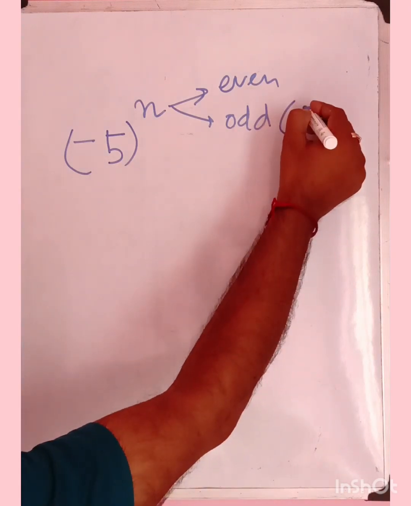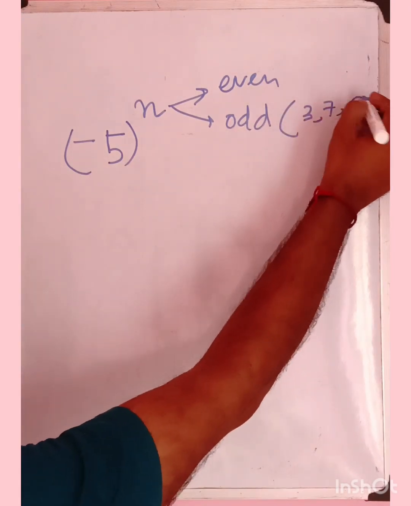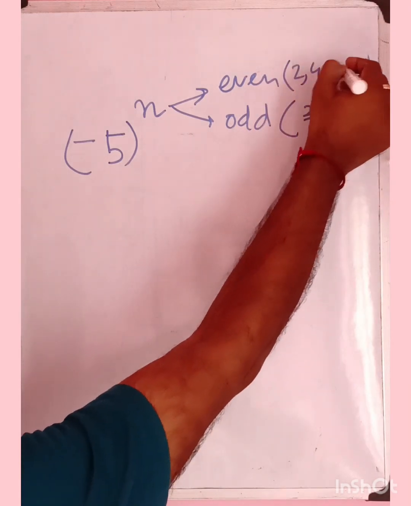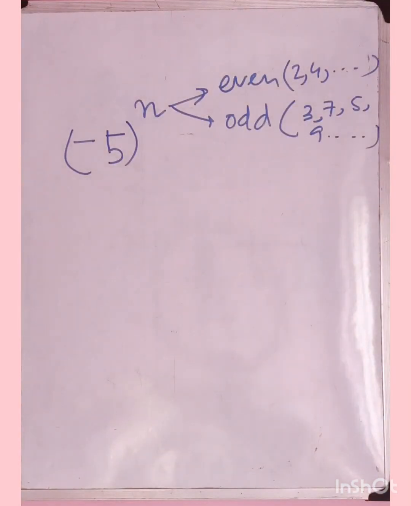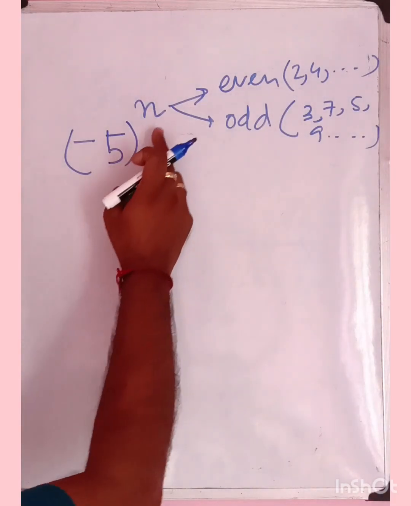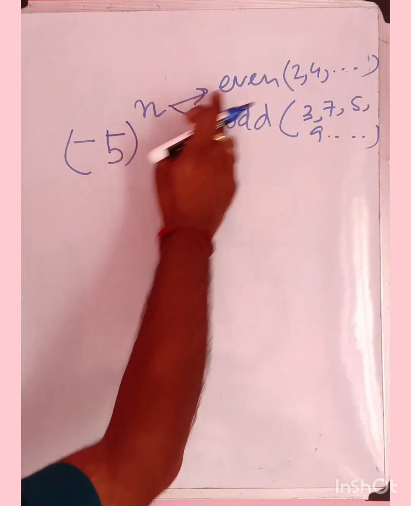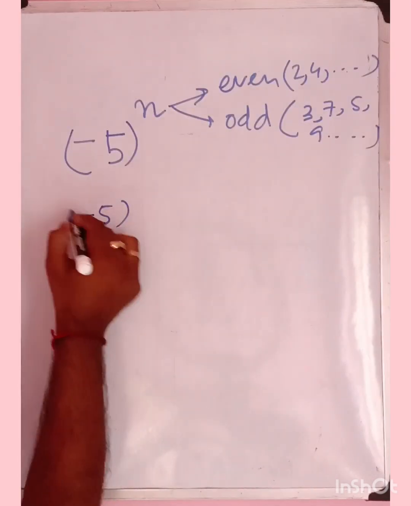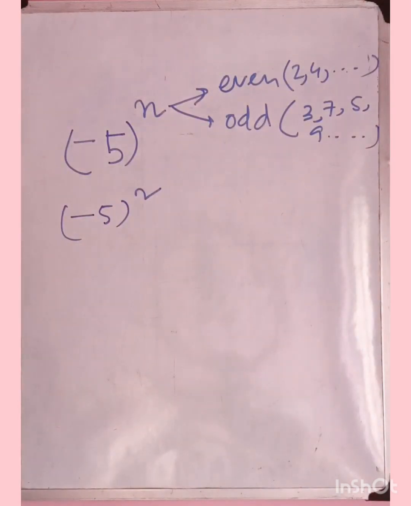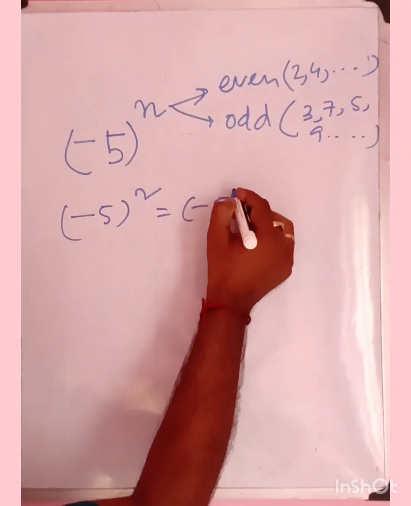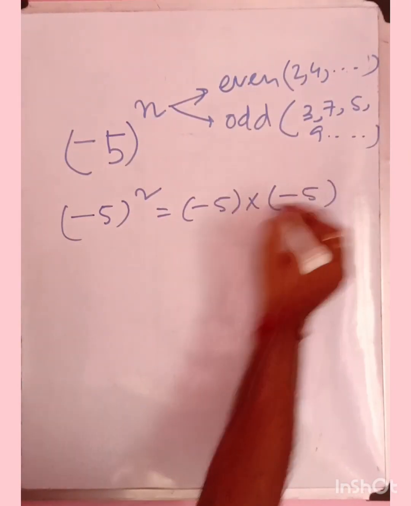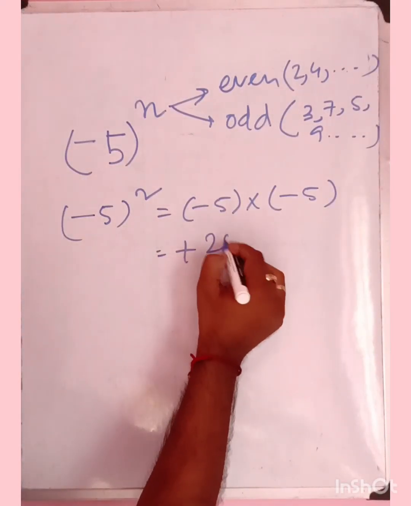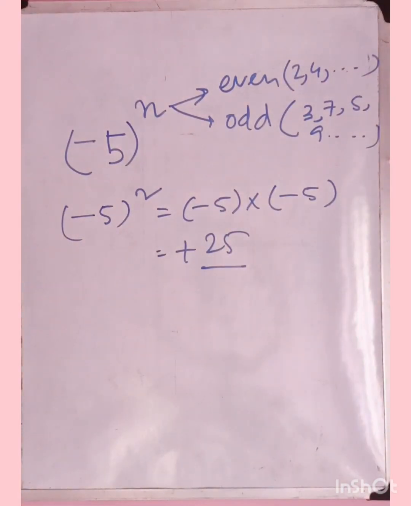It can be 3, 7, 5, 9, it can be 2, 4, whatever. So if you consider this power as even, for example, minus 5 square, minus minus becomes plus.